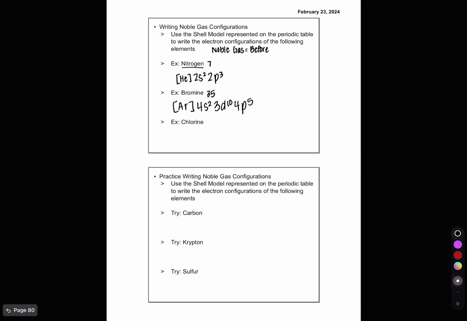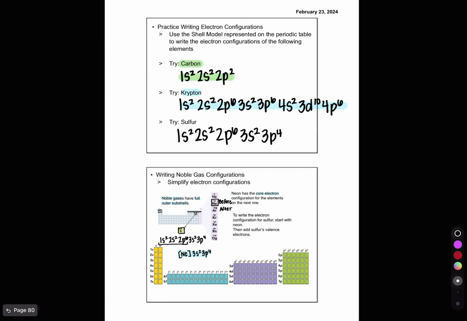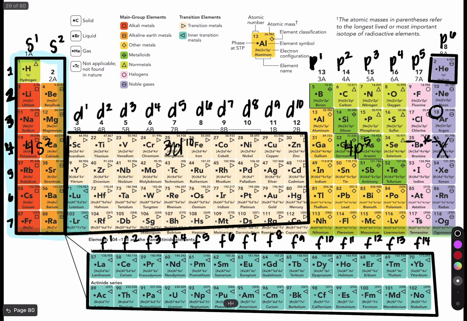Let's do chlorine. Chlorine should be element, if I'm not mistaken, I think 17. Let me look on the periodic table. Yes, it is. So since chlorine is element 17, I need the noble gas that comes before 17. That's going to be element 10. So argon comes after chlorine. That is not what I'm looking for.